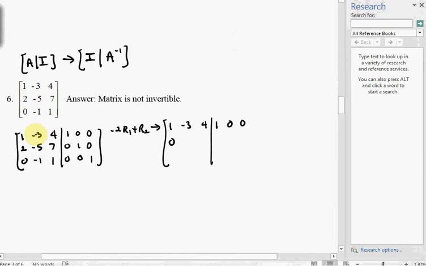Zero there. 6 minus 5 is 1. Negative 8 plus 7, negative 1. Negative 2, 1, 0. I already have a 0 there at A31, so nothing to do for row 3.